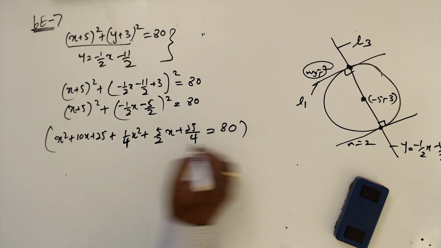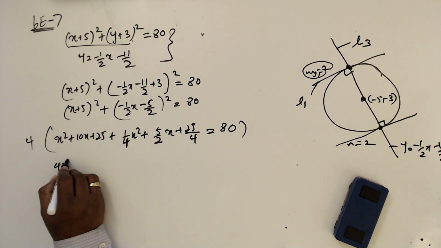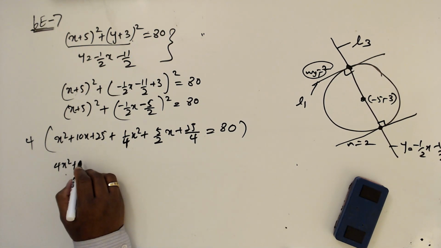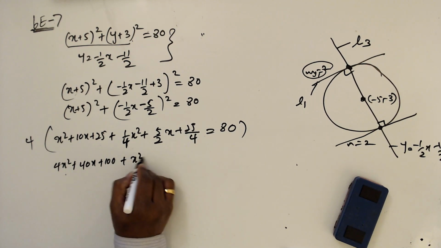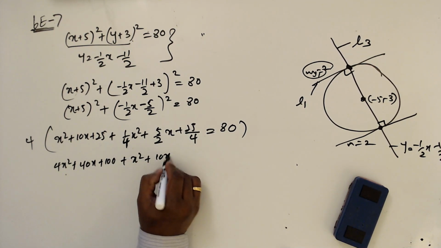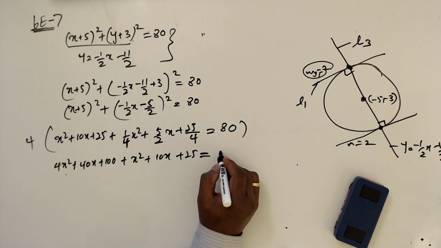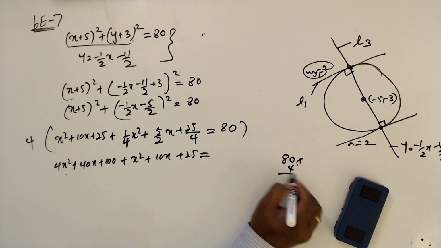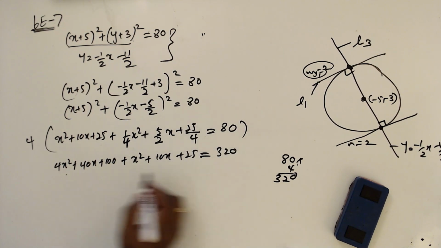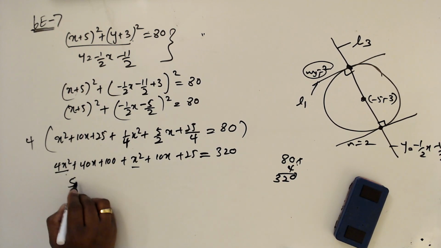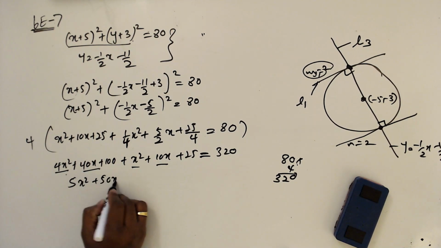Now I multiply all by 4 because the denominator is 4 and 2. This is going to be 4x squared plus 40x plus 100. This is x squared, this is 10x, then this is 25, equal 80 times 4, 320. Then 4x squared plus x squared is 5x squared, 40x plus 10x is 50x.